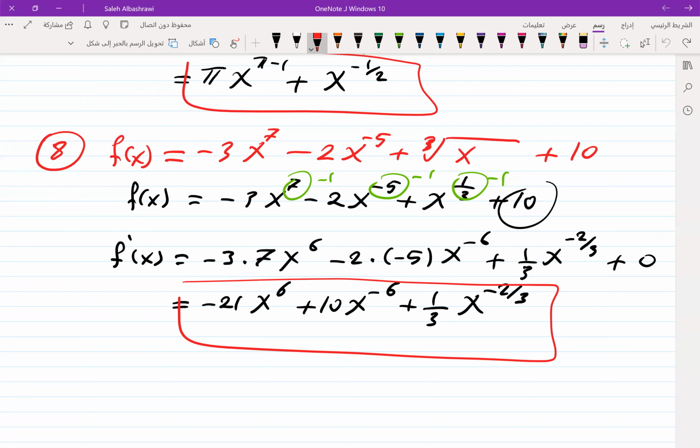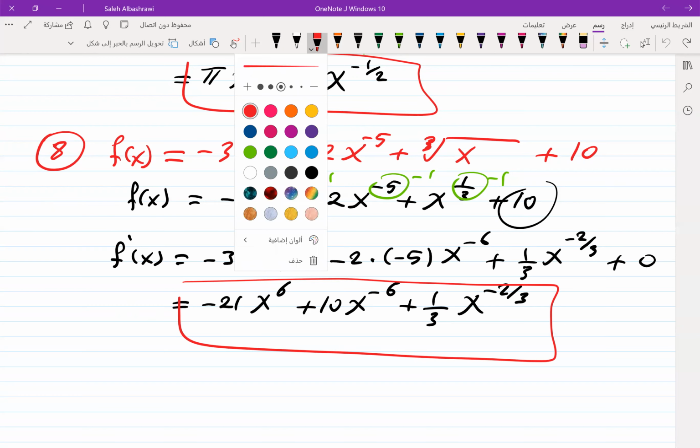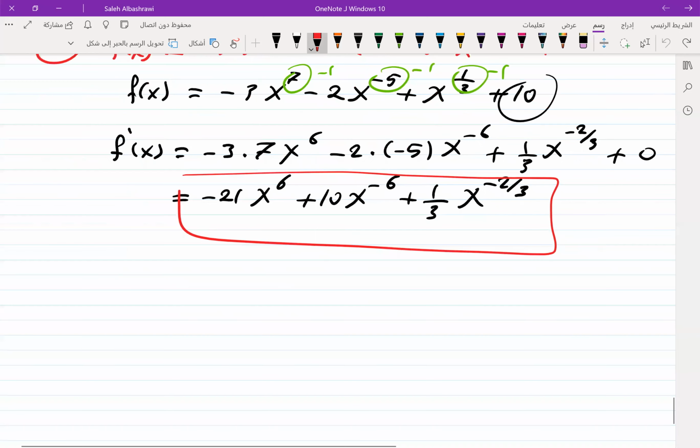So it is just easy, straightforward to find the derivative of a given function. One more, that will be the last one.